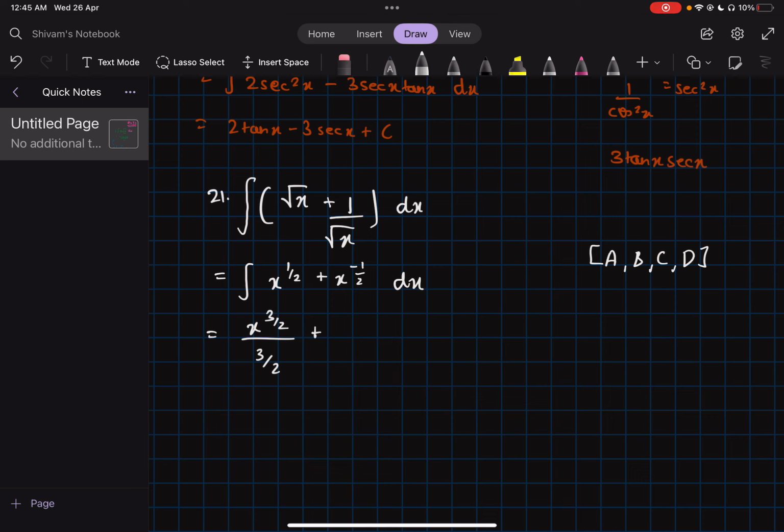So add 1 to the power, so it's going to be x to the 1 by 2 divided by the new power. Then we add a plus c. So the answer is going to be, we push that up, 2x to the 3 by 2 over 3 plus 2x to the 1 by 2 over 1, plus c. So you're going to want to match this to an option, and if you just see the NCERT, it matches option C. So the answer for this is option C.